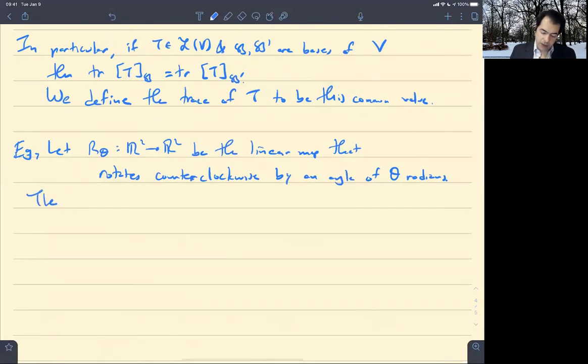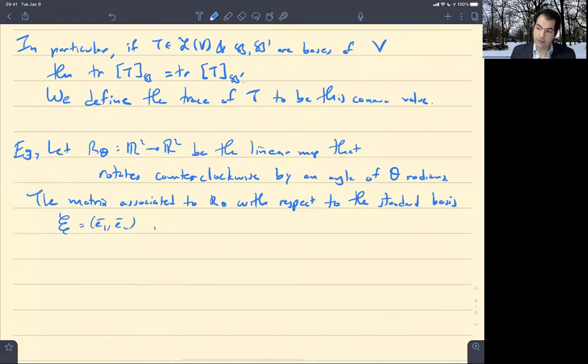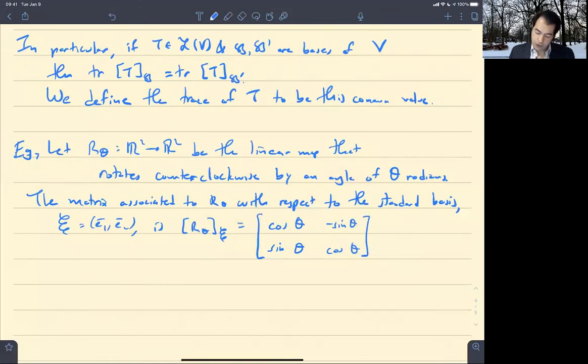Then the matrix associated to R theta with respect to the standard basis E1, E2, the matrix [R theta] sub E, as we've seen, is cosine theta, minus sine theta, sine theta, cosine theta. So the trace of this matrix representation is 2 times cosine theta.